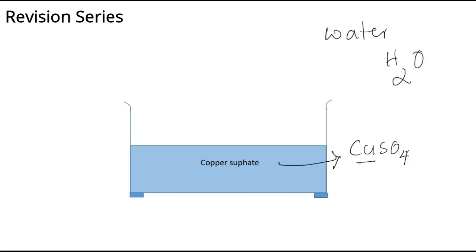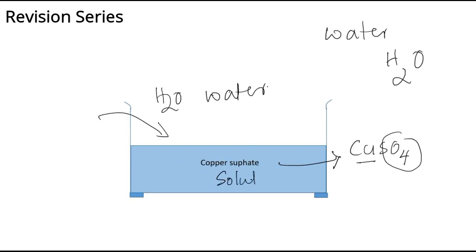Cu is for copper, sulphate is SO4, right? Now, copper sulphate is in powder form. You have to add a bit of water into it, right? Water is H2O.